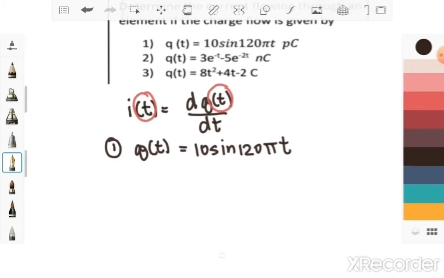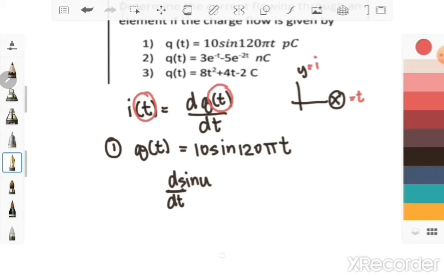So take note that the derivative of sine u over dt, or dx, right? When you notice your graph, it is x and y, right? But take note that your x is represented by t and your y is represented by I, right?